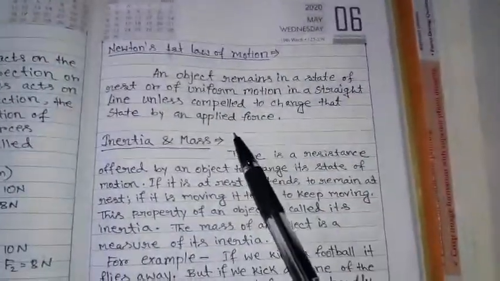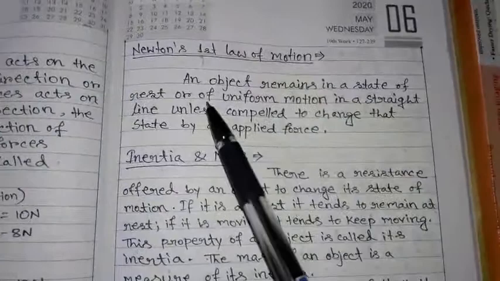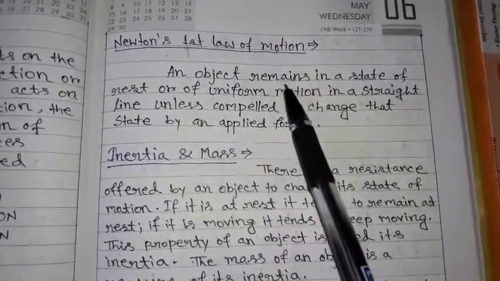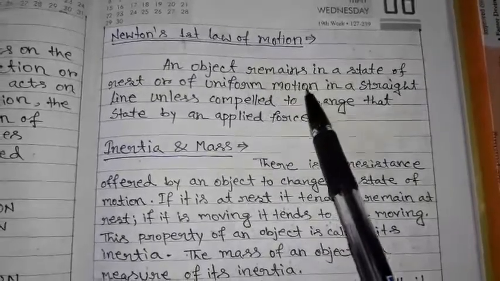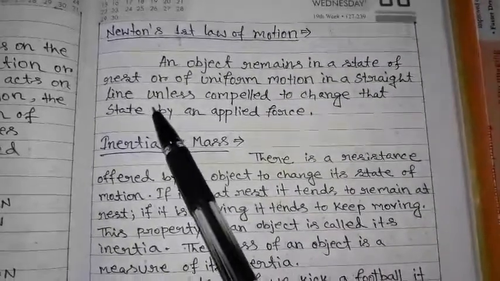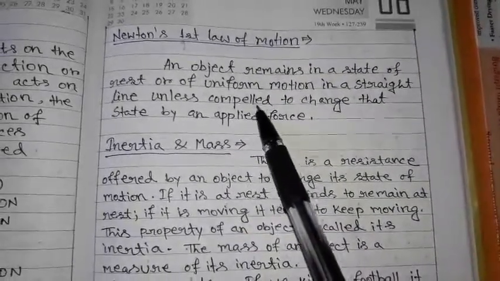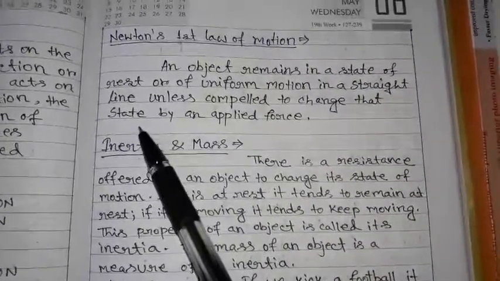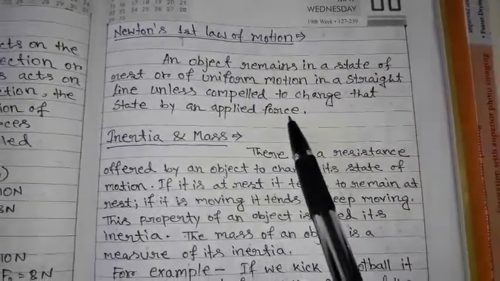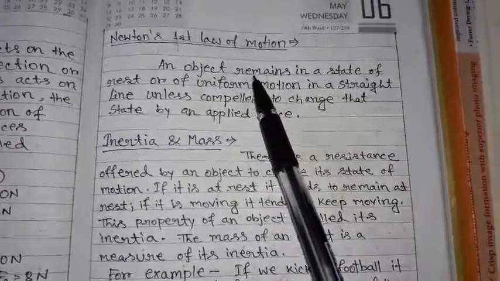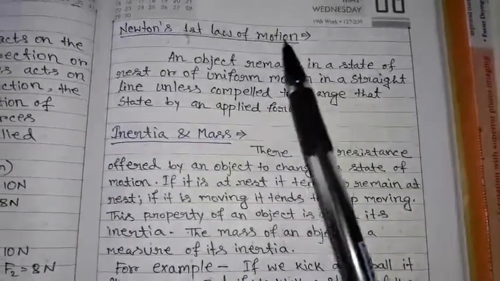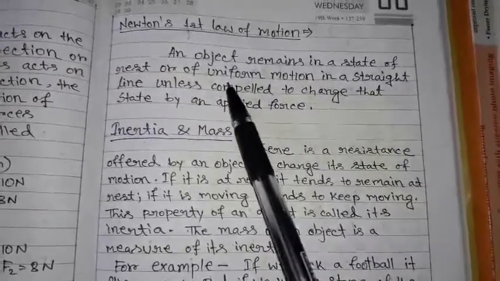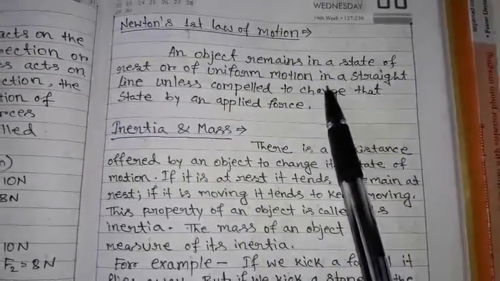So Newton's first law of motion is: an object maintains its state of rest or of uniform motion in a straight line unless compelled to change that state by an applied force. This means an object tries to maintain its state of motion, either at rest or in uniform motion in a straight line.